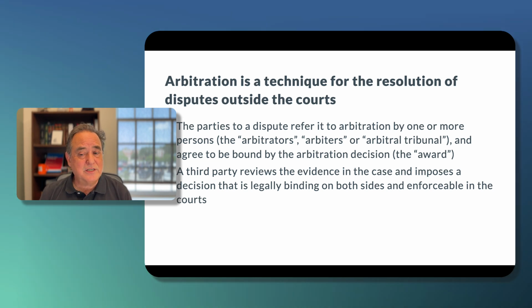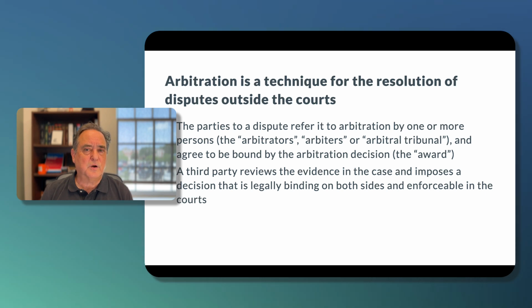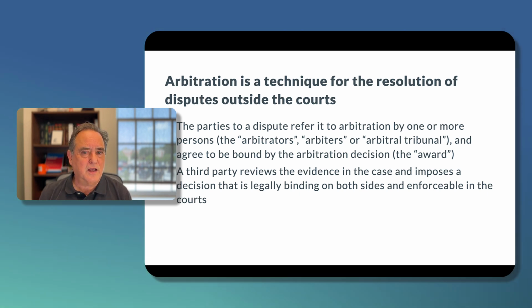And that decision is enforceable in court. So if you are engaged in an arbitration, you must abide by the arbitrator's award, whether you think it's fair or not. There is generally no appeal of an arbitration award.